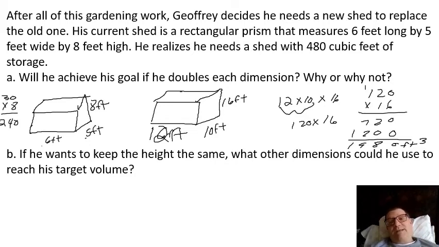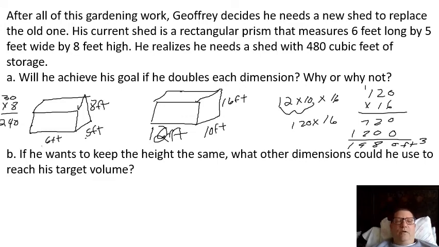Notice, if I just double the volume, did I come up with the same answer? And that answer is no. You have to double the dimensions and then work it out, not just double the volume from the original shed. That's the biggest mistake. If he wants to keep the height the same, what other dimensions could he use to reach the target volume?